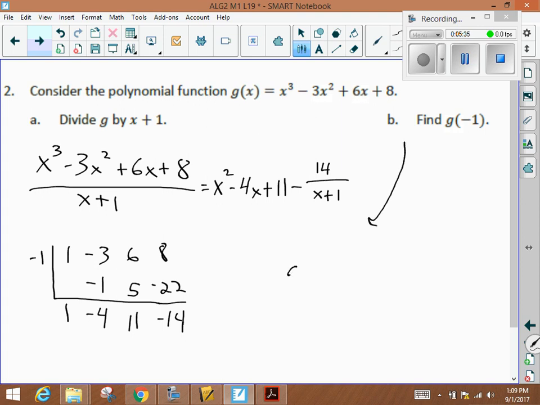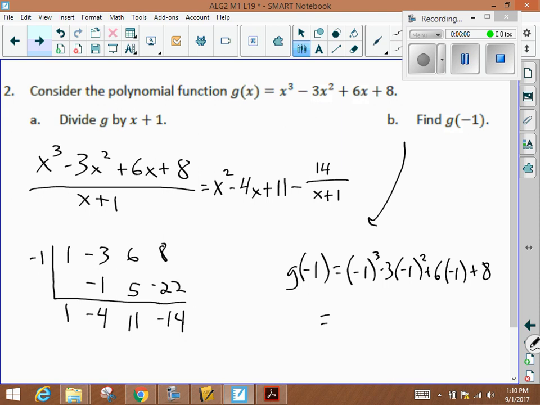All right, and I'm going to just do this one down here. So what is g of negative 1? I'm going to plug negative 1 in for all of my values in g of x. Make sure I'm using g of x. Negative 1 cubed minus 3 times negative 1 squared plus 6 times negative 1 plus 8.